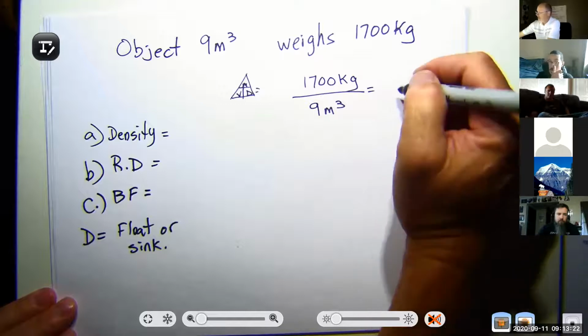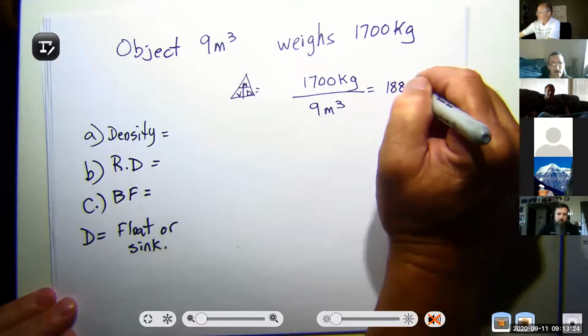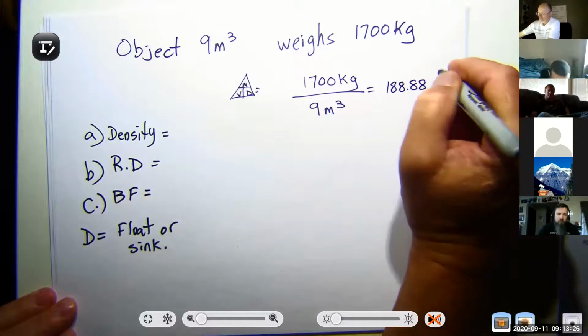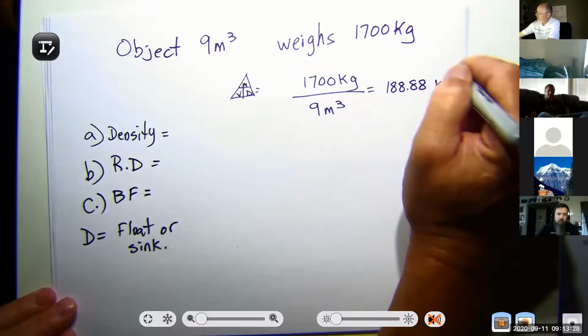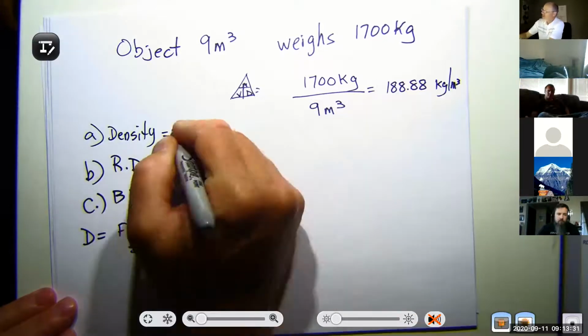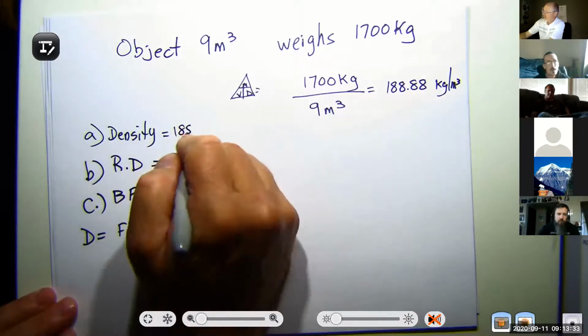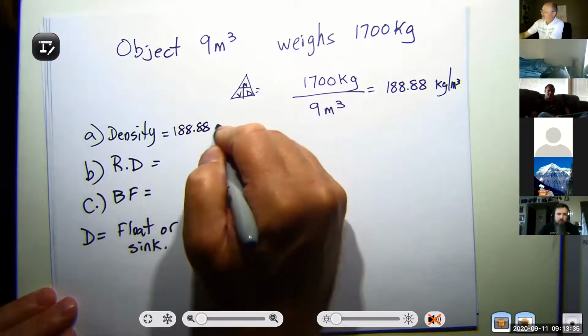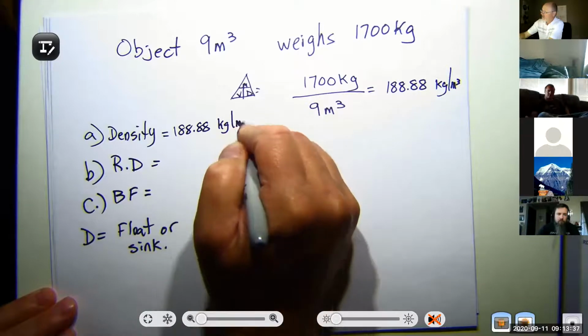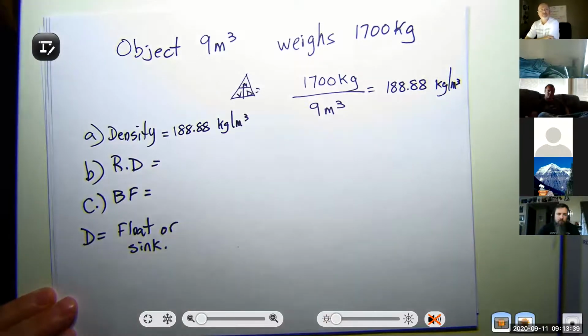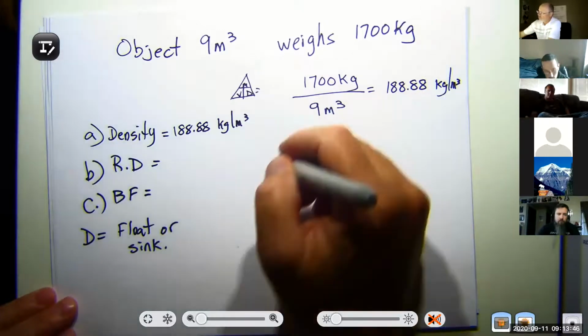And if I do that math quickly in my head, the density is 188.88 kilograms per cubic meter. Pretty straightforward.